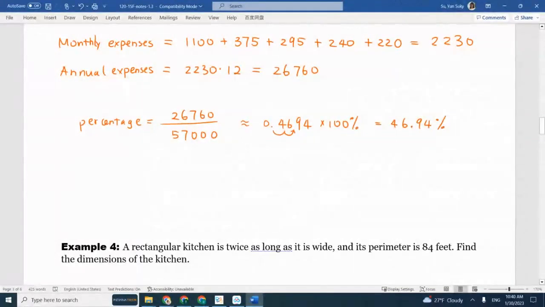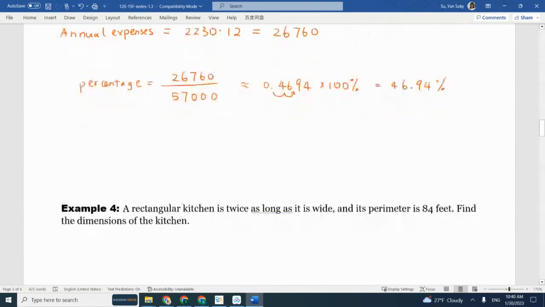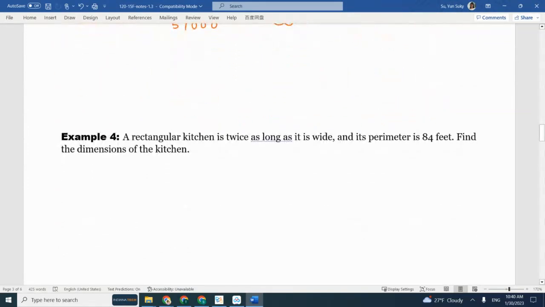Example 4. A rectangular kitchen is twice as long as it's wide. Okay? And its perimeter is 84 feet. Find the dimensions of the kitchen. So here, some basic shapes you gotta know, like square, rectangle, circle, triangle, parallelogram.